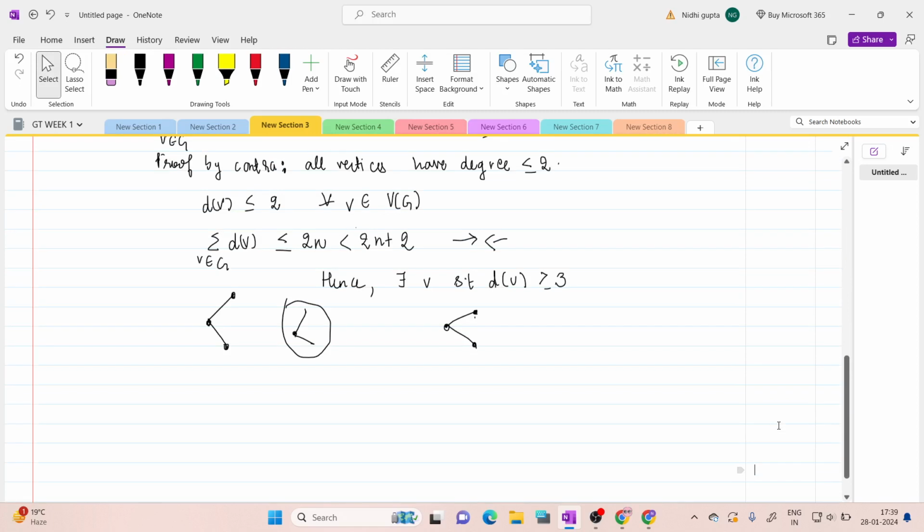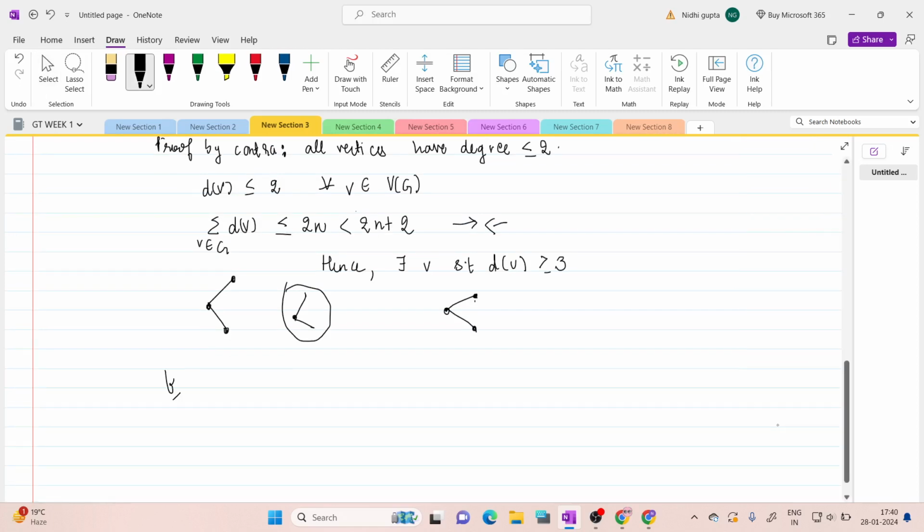So is this number 3 best possible? If the number of vertices is n and the number of edges is n plus 1, can we always guarantee that there exists a vertex of degree at least 4?